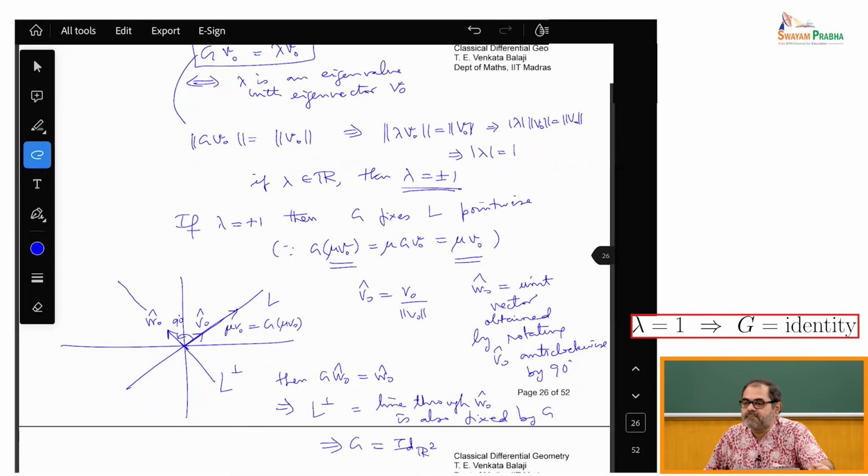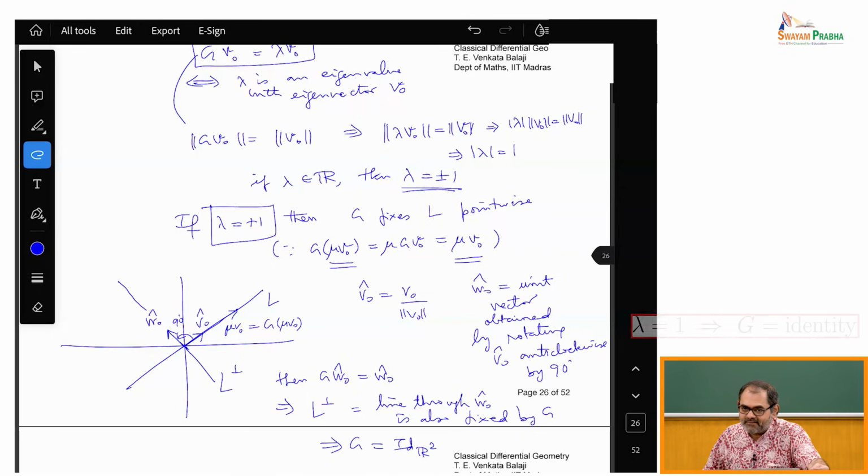So the moral of the story is that if you insist on lambda equal to +1 as an eigenvalue, G has to be the identity map, there is no other choice.